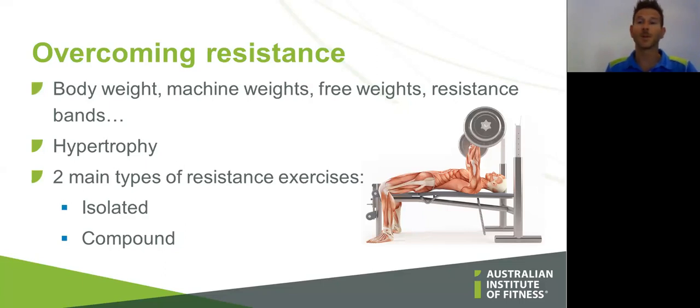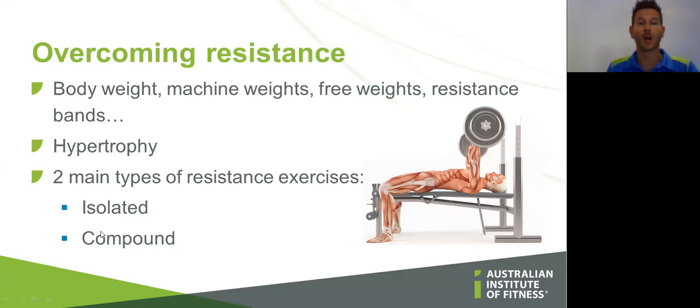There are two main types of resistance exercises that we look at: isolated and compound. Isolated exercises usually target one joint or one muscle group. A compound exercise will target two or more joints or two or more muscle groups.